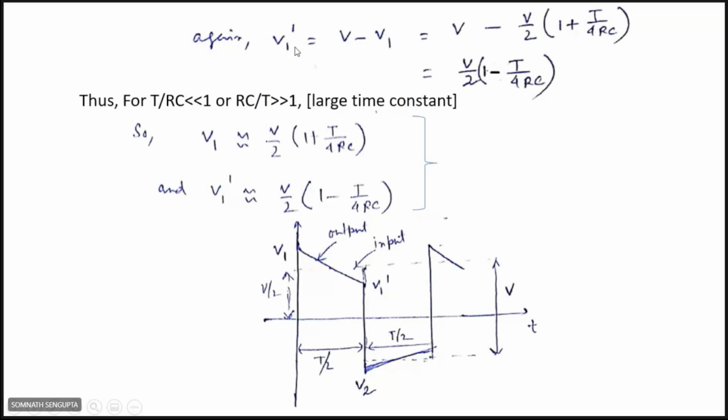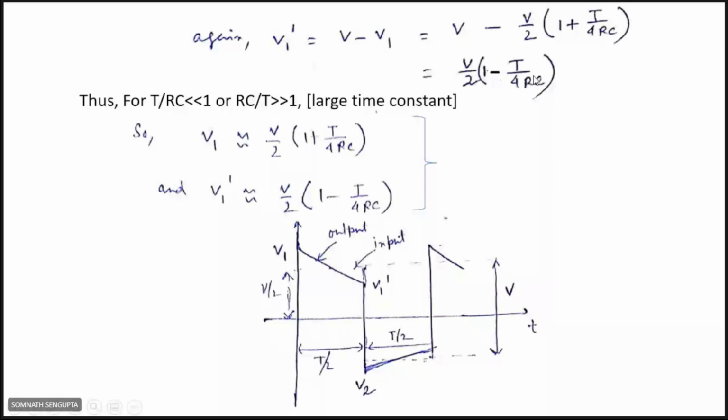The other value, the lower one, V1 dash, would be what? That is V minus V1, as we found. So in place of V1, we write the value V by 2 into 1 plus T by 4RC. So it becomes V by 2 into 1 minus T by 4RC.